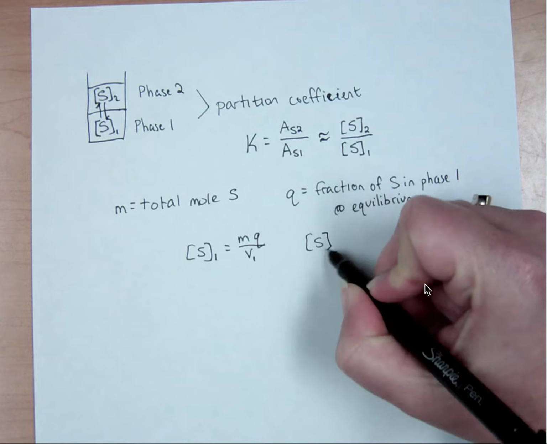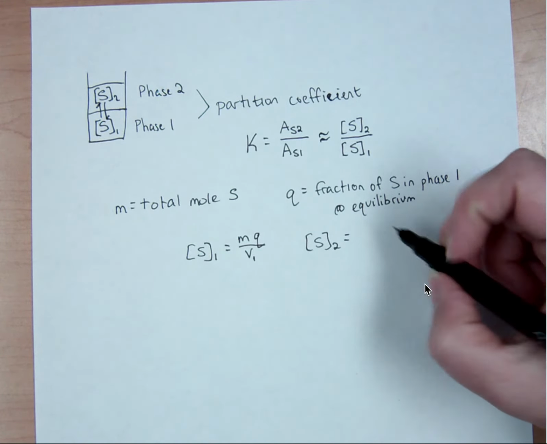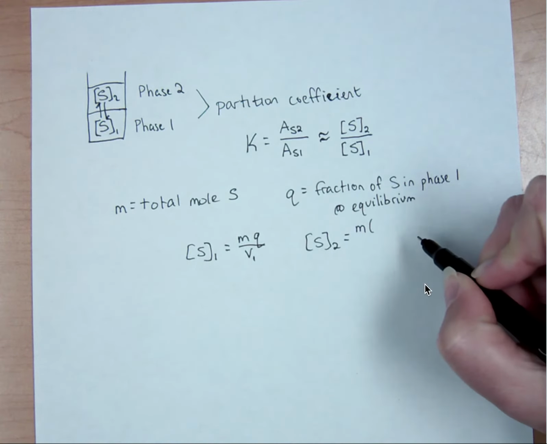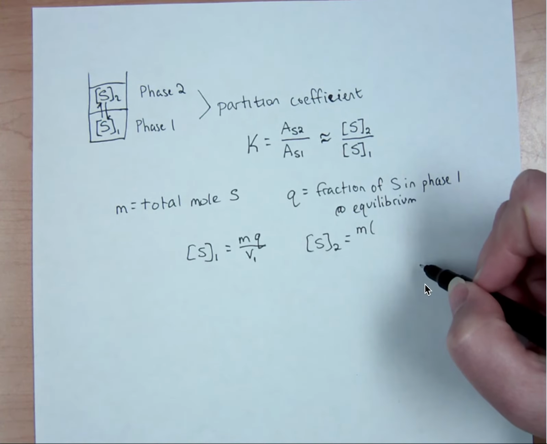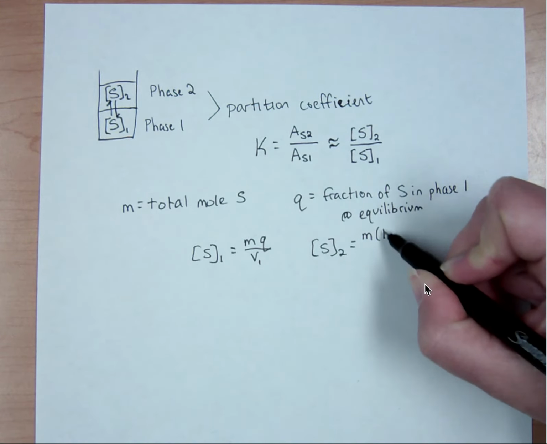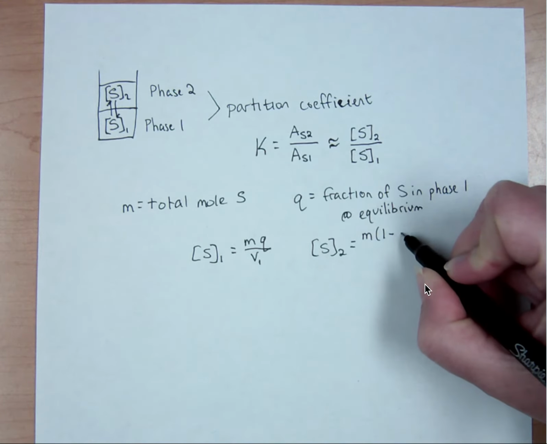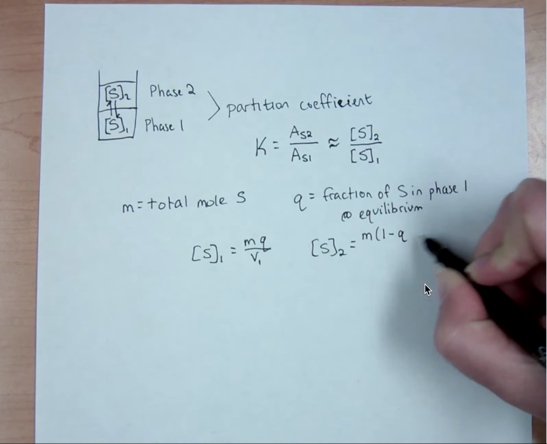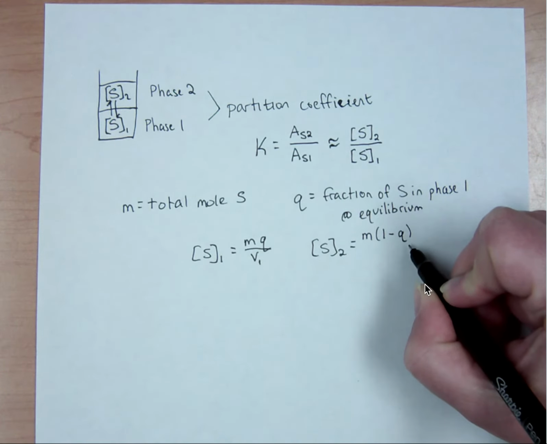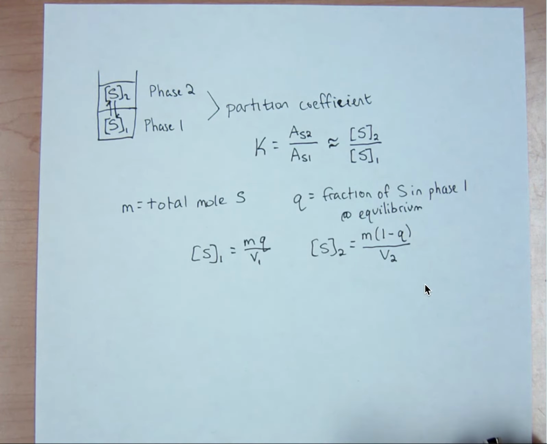And similarly, we can do something similar for phase 2, but because we've defined Q in terms of phase 1, and this is a fraction, not a percent, so fractions are always less than 1, we can say 1 would be our total, that would be all of the analyte being present, minus the fraction of it that's in phase 1, which we said would be represented by Q, and divide that by the volume for phase 2.